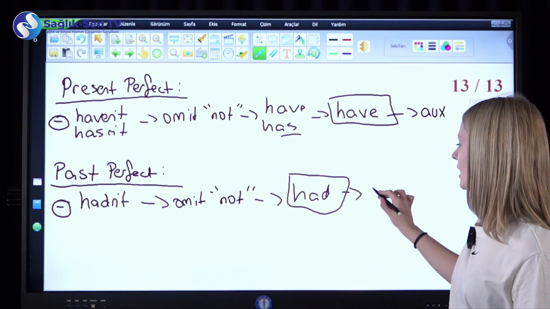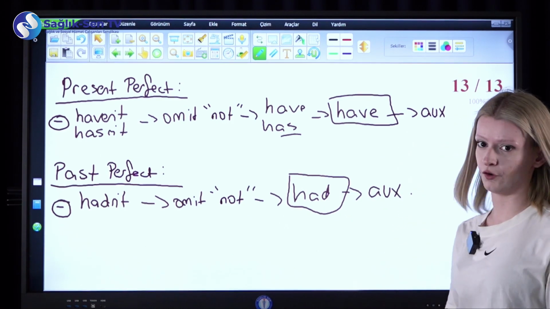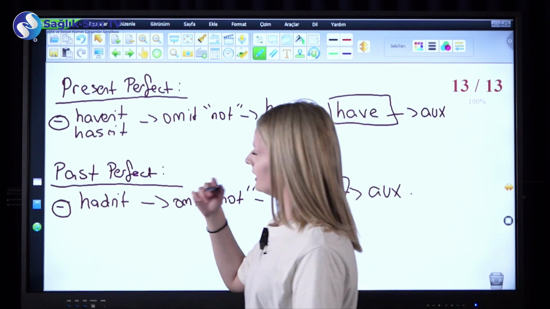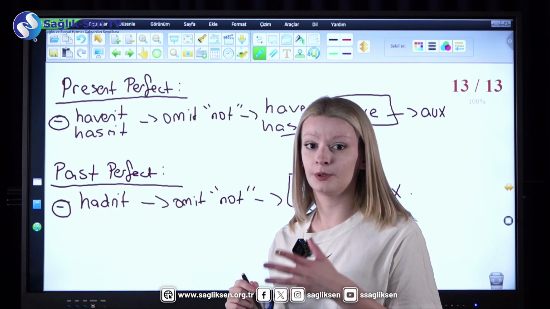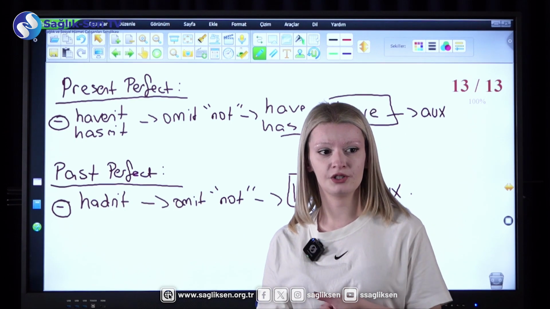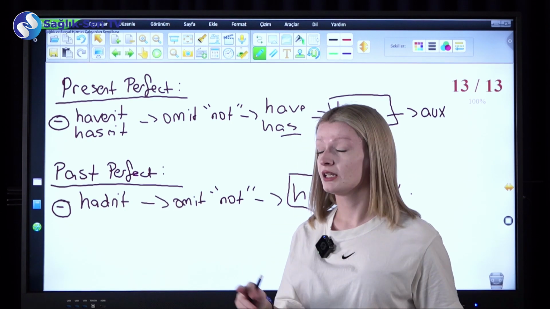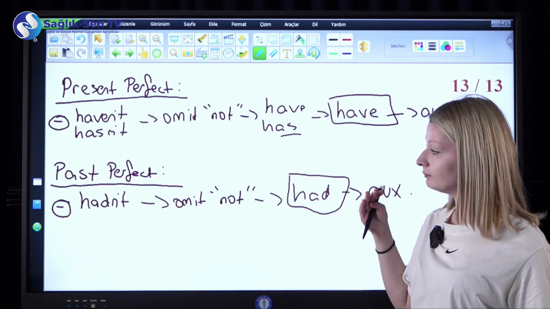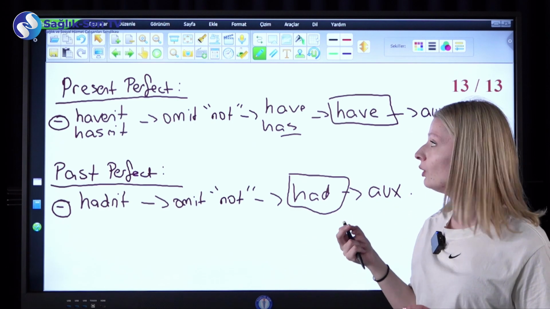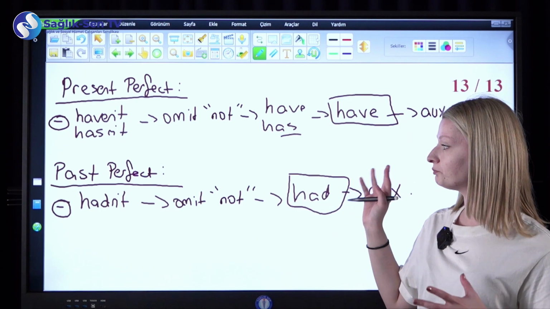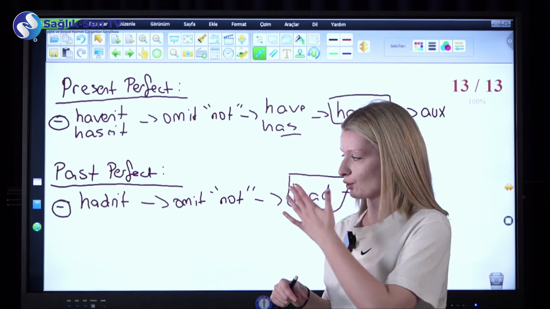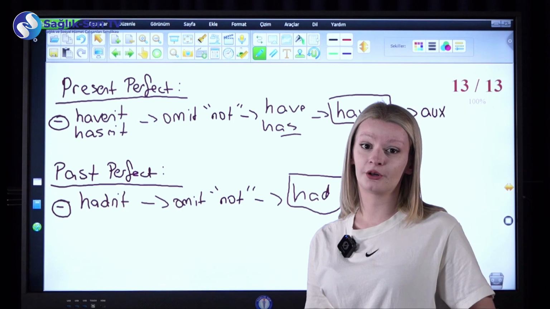So had is our auxiliary verb. This is important. It's going to be very helpful when we're talking about reported speech, WH questions, passive voice. So I would recommend you to study them, but not memorize them, because this is a pretty logical thing. There's a rule here, so you can learn easily.